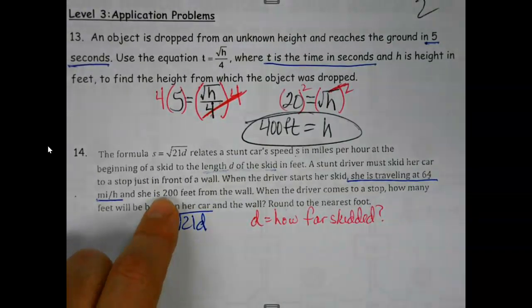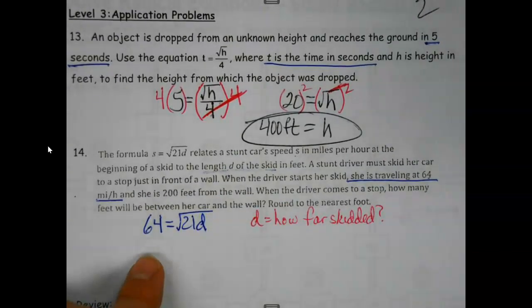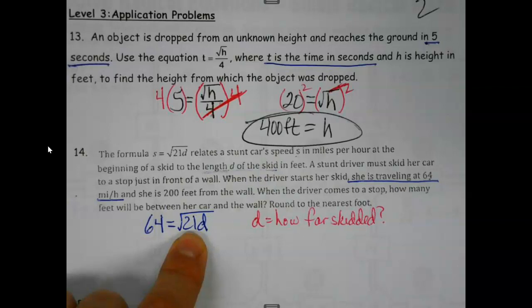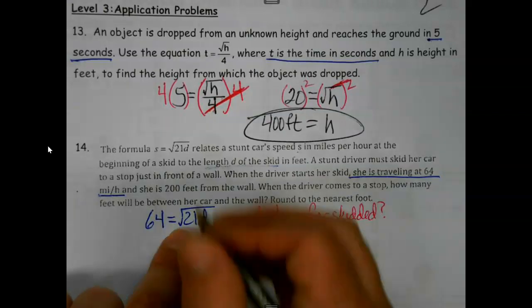Did she stop in time to not hit the wall? Because if we look now, what's my first step going to be here? Do I divide by 21 first? No, because it's underneath the radical.